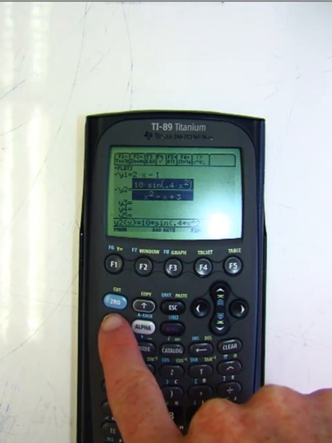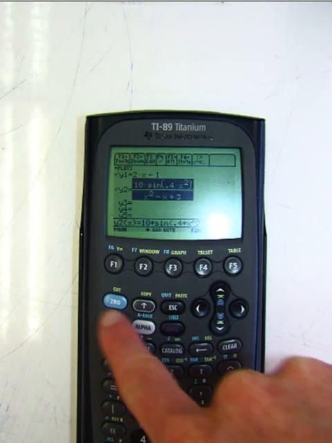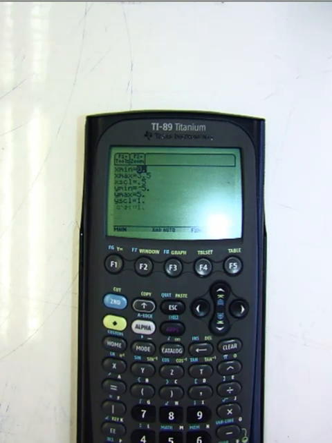Your window, if you need to adjust the window, just diamond F2. That allows you to change your window. So while we're talking about that, let me bring this idea up. Sometimes they will ask you to solve an equation, but they just ask for the solutions within a certain interval.